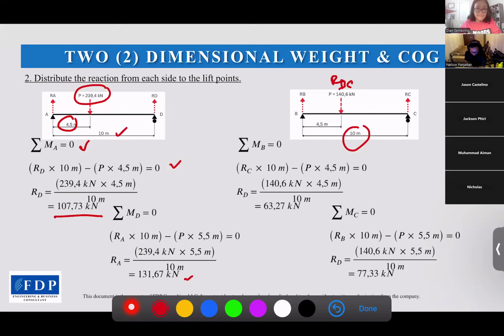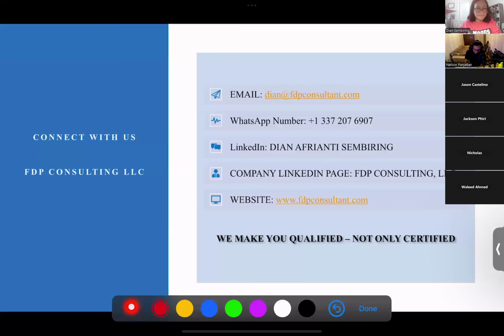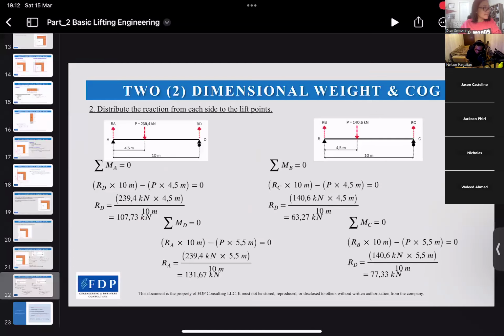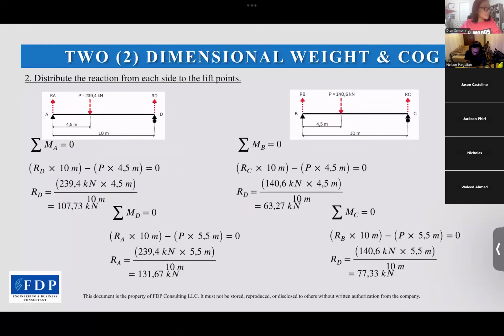Then the RC equals total moment at B equals 0, then RC times 10 meters minus P times 4.5, then we get the RC is 63.27 kilonewton. And then for the RB, we get 77.33 kilonewtons, like that. Yeah, that's all for the joint reaction calculation.